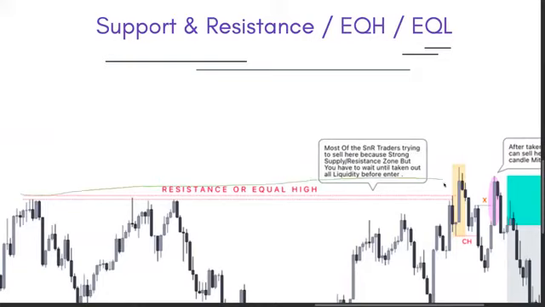And people continue buying, selling here. Some people sell because this is a resistance, and when you see it break this, a lot of people enter here for buy. So this is technically a trap, right? Then what happens here? You have to wait for the liquidity to be taken out, wait for CHoCH, inducement taken out, and entry. Simple.